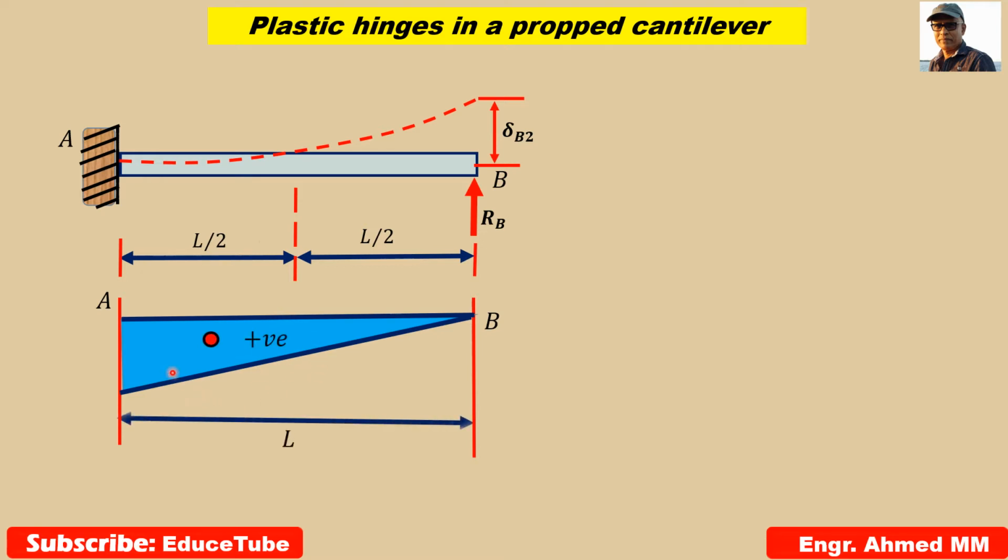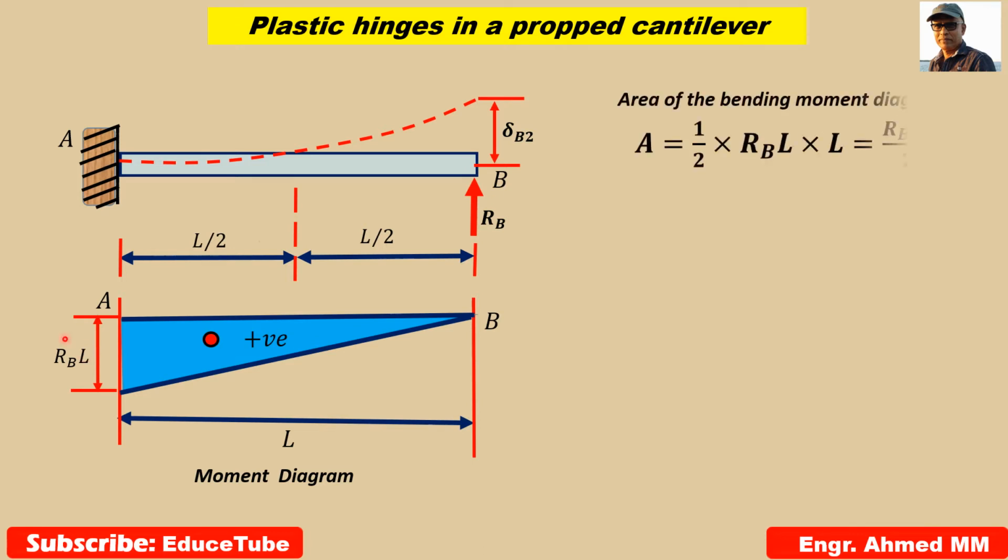In the bending moment diagram, the ordinate or height will be the reaction multiplied by L, so it will be RB L. Easily we can find the area: half into height multiplied by the base L, so RB L square by 2.